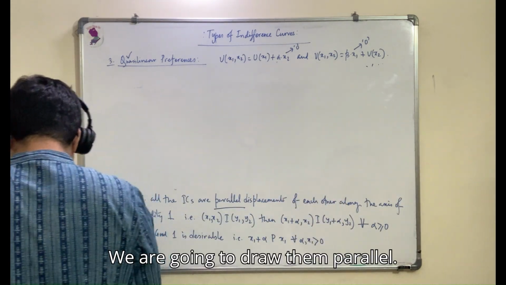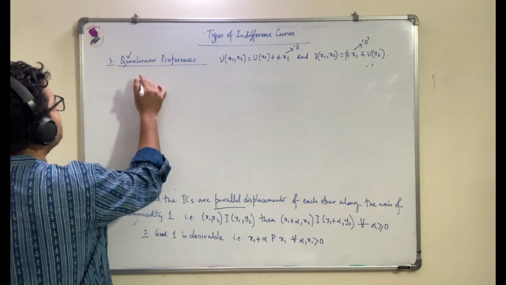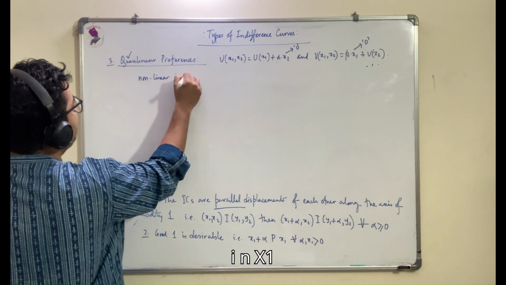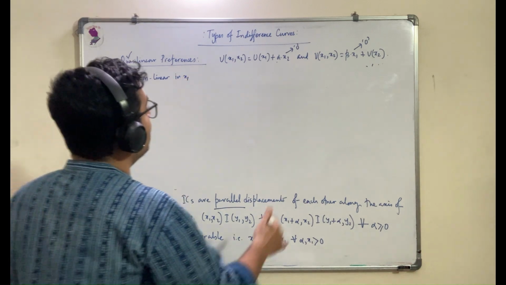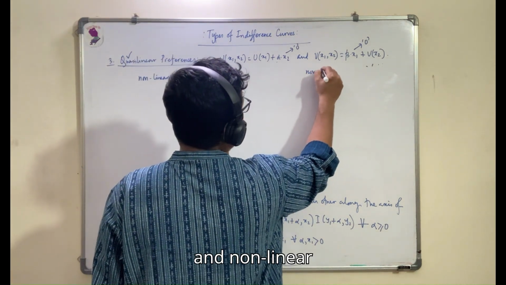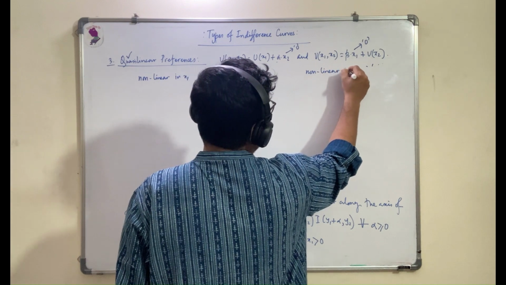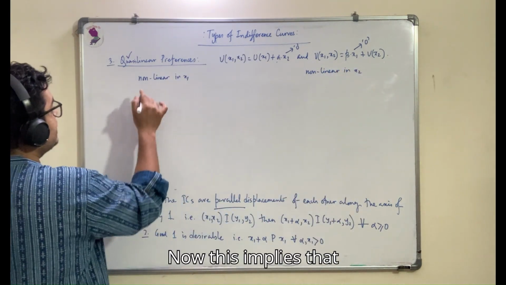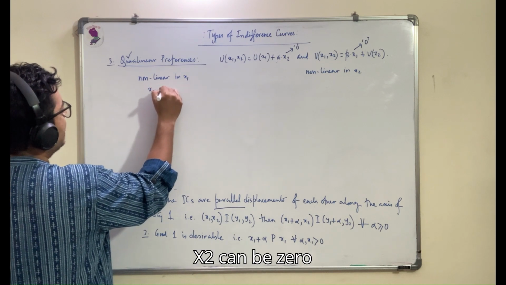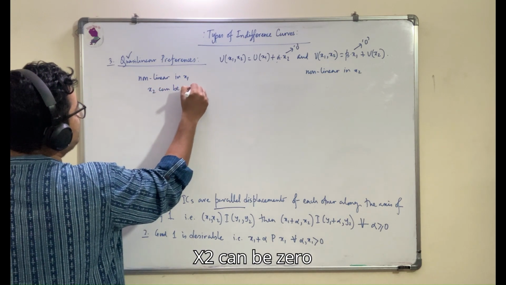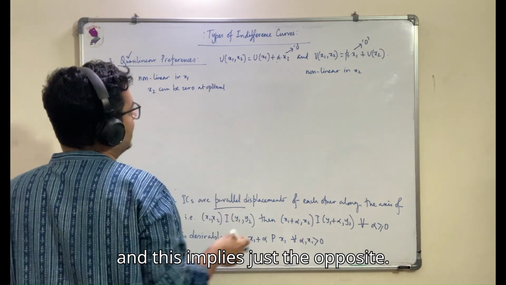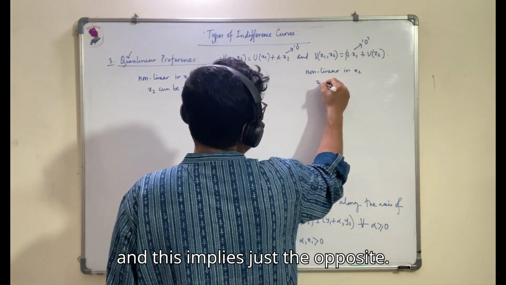We are going to draw them parallelly. So non-linear in x1 and non-linear in x2. Now this implies that x2 can be 0 at optimal, and this implies just the opposite.